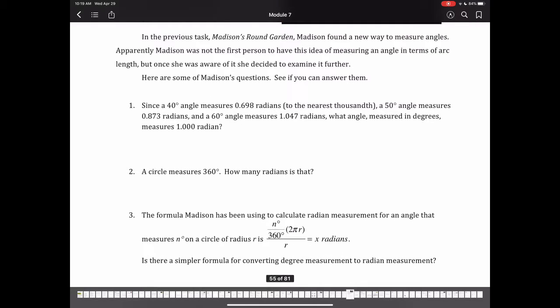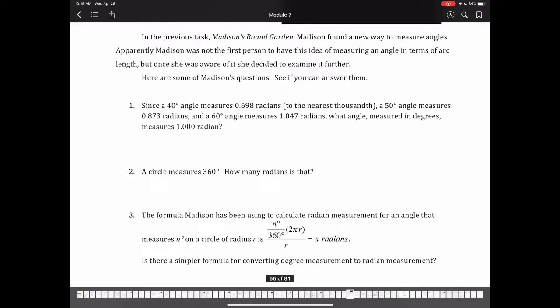So, number one, since a 40-degree angle measures 0.698 radians to the nearest thousandth, and a 50-degree angle measures 0.873 radians, and a 60-degree angle measures 1.047, what angle measured in degrees would measure 1 radian?